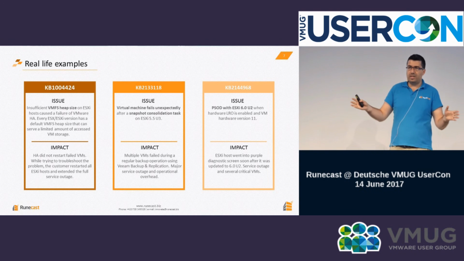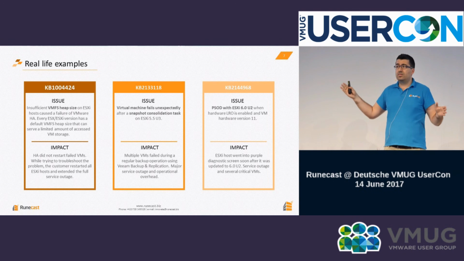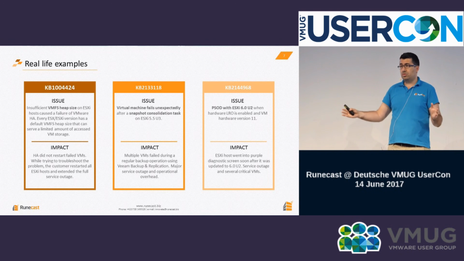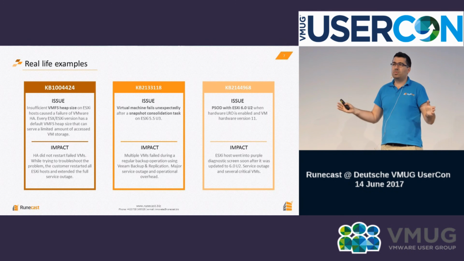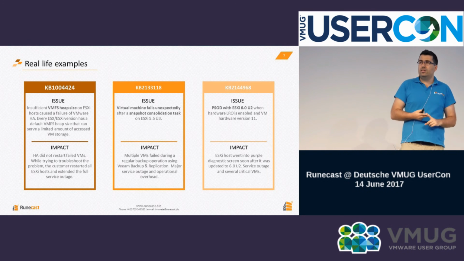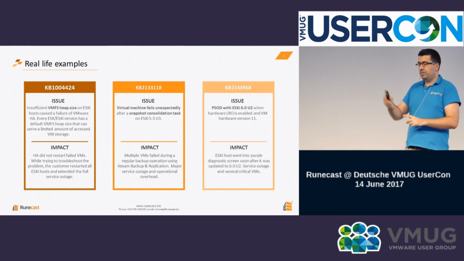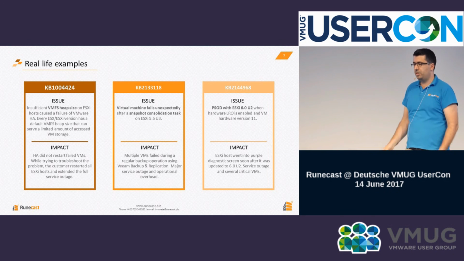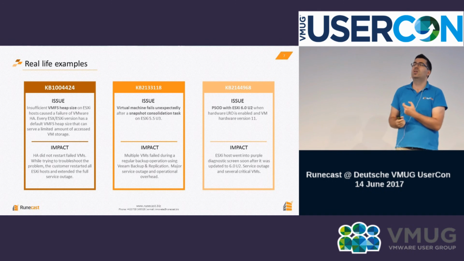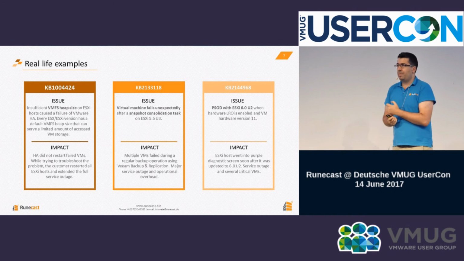There was a huge panic. That customer restarted all the other ESXi hosts because they didn't know what to do, so there was pretty much impact on the whole environment. Only 2 days later, we discovered, it was pretty hidden, that the reason HA did not work was in that knowledge base article and these advanced settings that were set incorrectly.